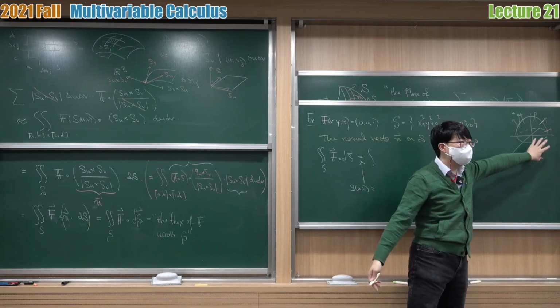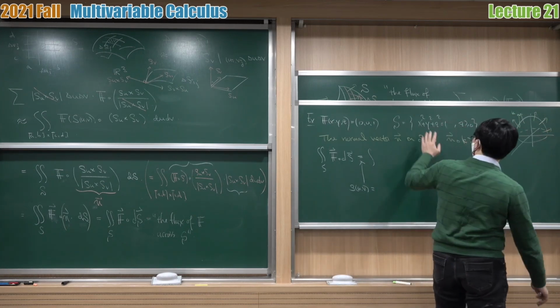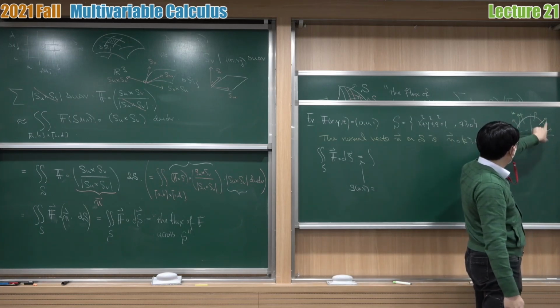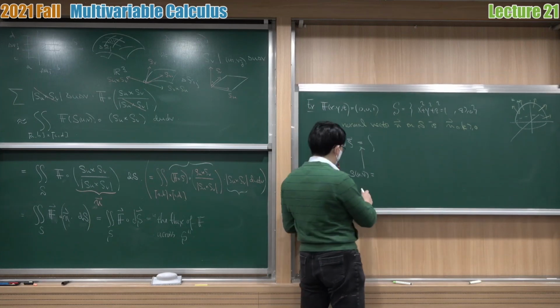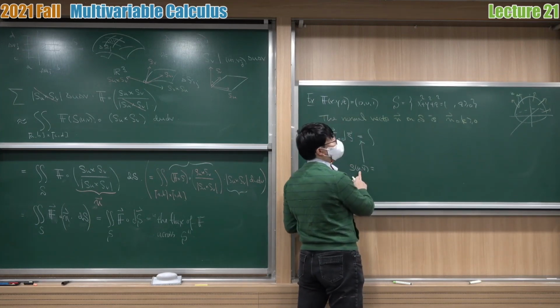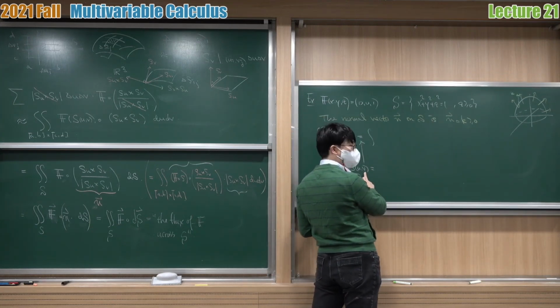Let's use spherical coordinates because we are at radius 1, and we only change theta and phi to parameterize the surface. Let's say u is used for phi and v is used for theta.